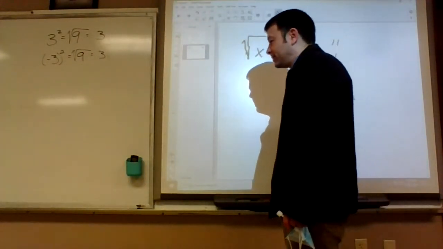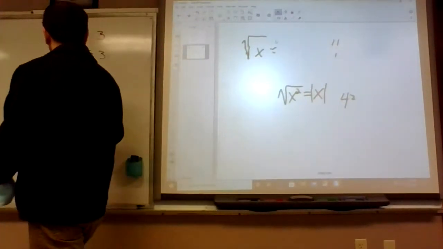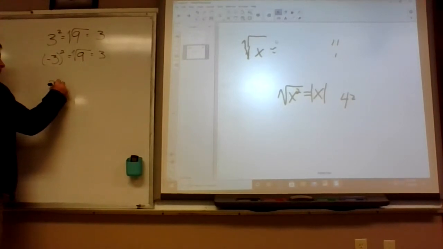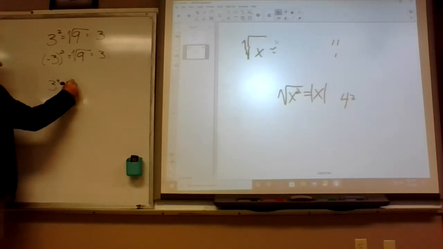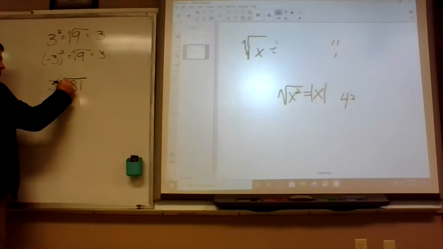What if I did the same thing with 3 to the 4th power? 3 to the 4th, 3, 9, 27, 81 is 81. Have we seen fourth roots yet?